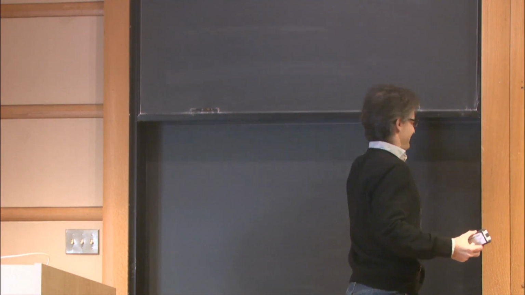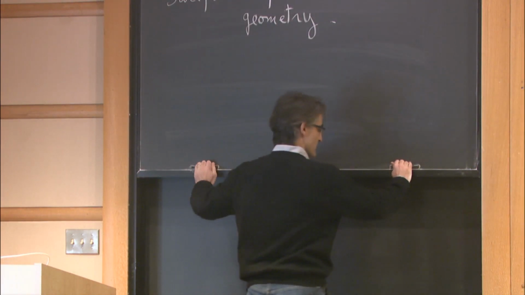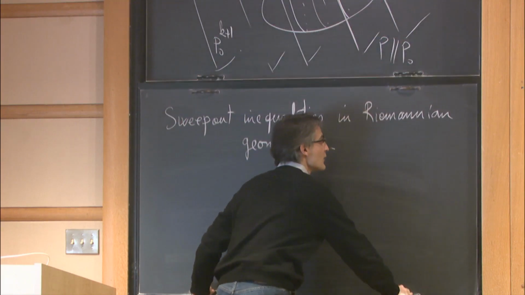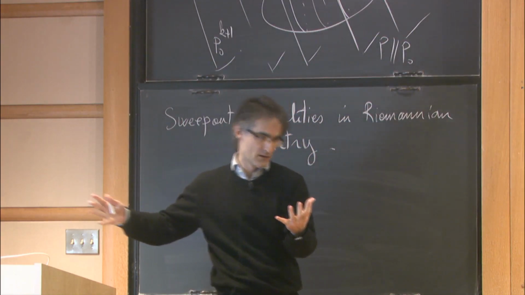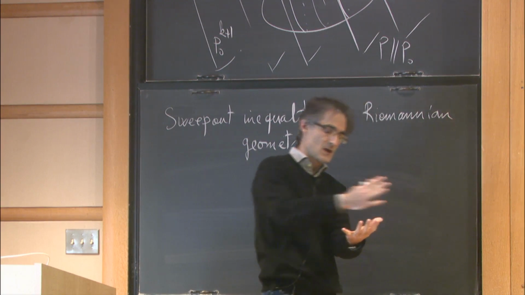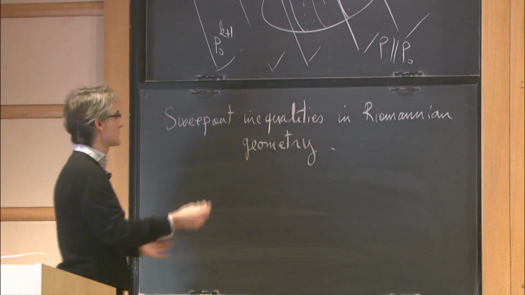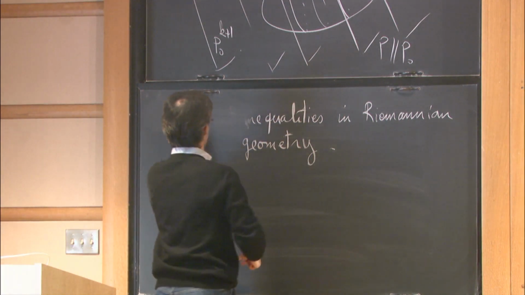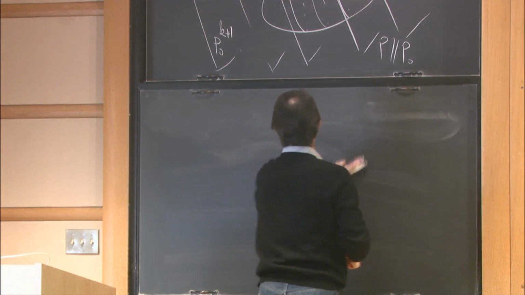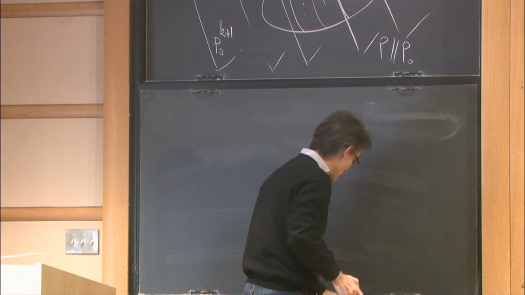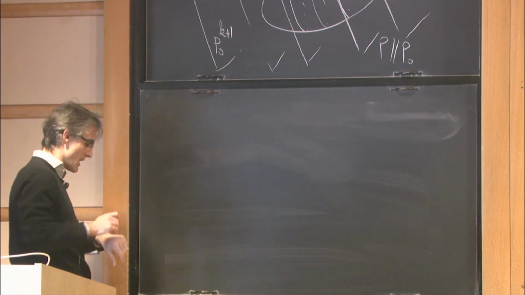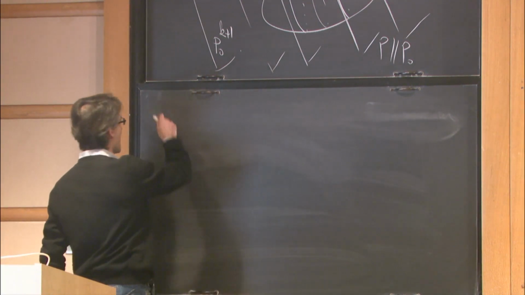So that means if you have a surface with small area, you'll be able to sweep out with one-cycles, with short one-cycles. Okay. So now, what about in higher dimension?